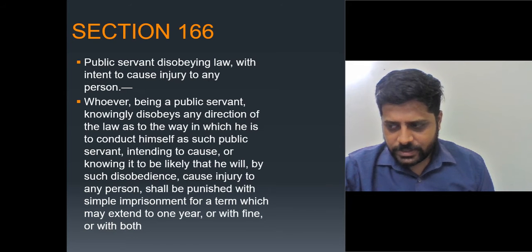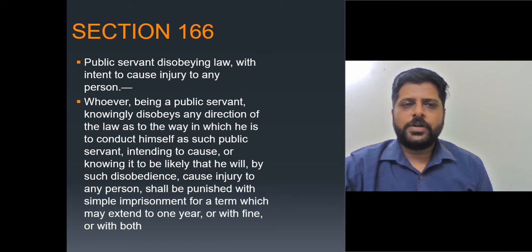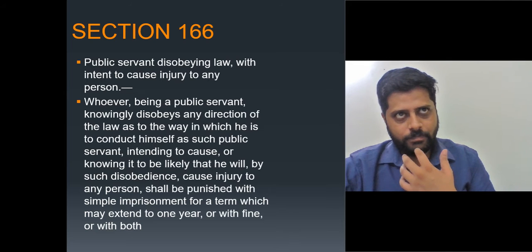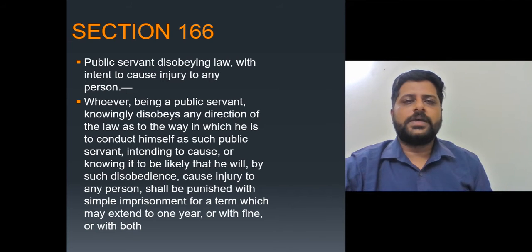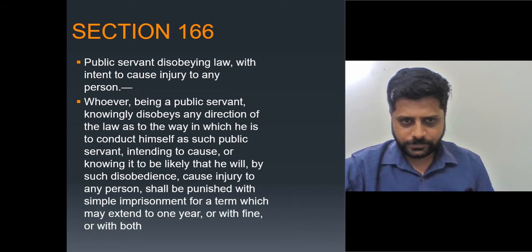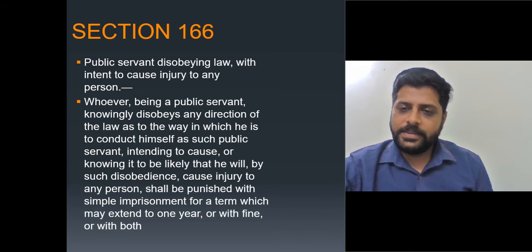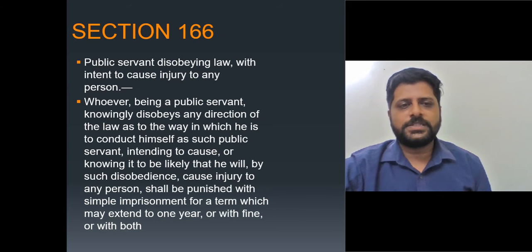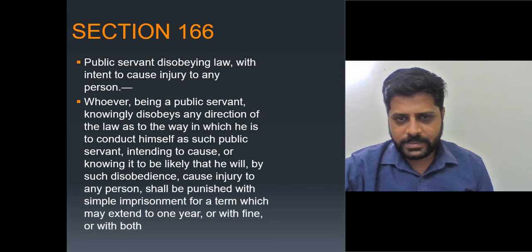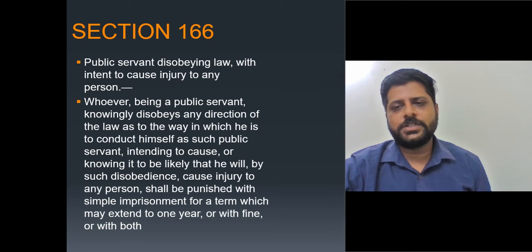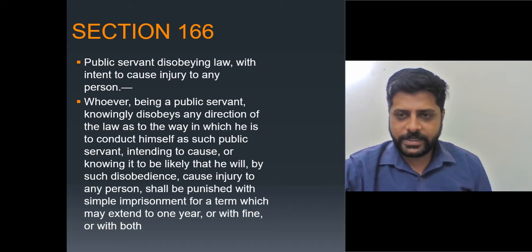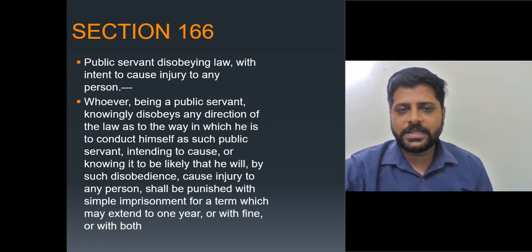Now, under section 21 of the Indian Penal Code, you have the definition of public servant. In this section, you will see that the person who is a public servant has to follow some directions or norms when he is acting as a public servant.